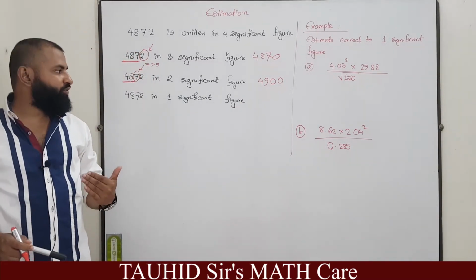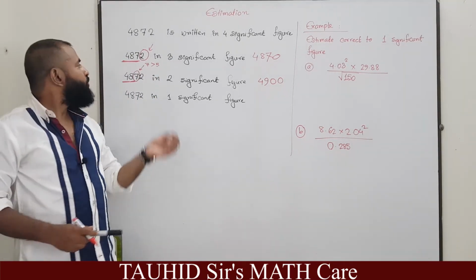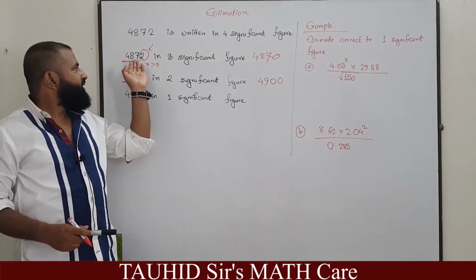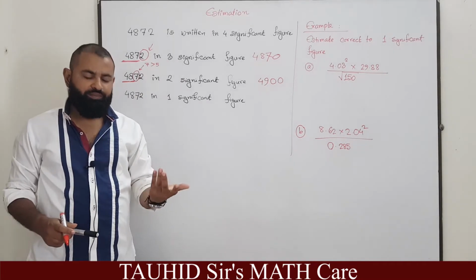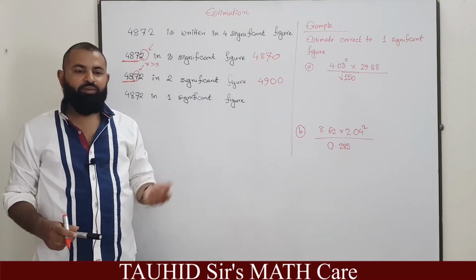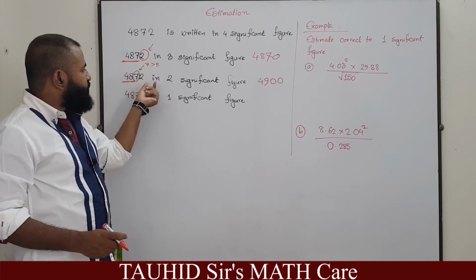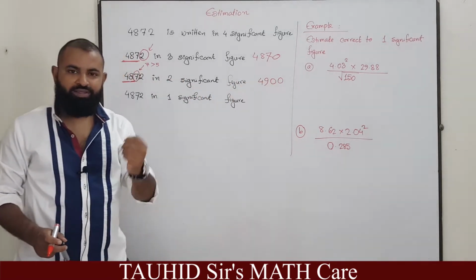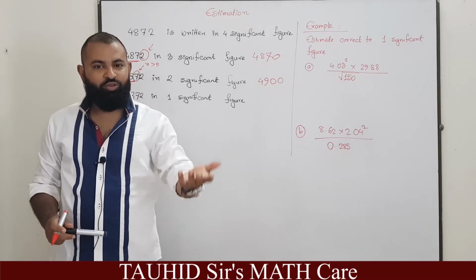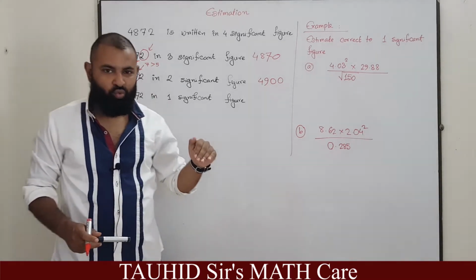What is the concept of significant figures? It is like this. You went to a shop, you bought some items, and the price had become 4872 taka. Then the shopkeeper may say, give me 4870 taka. He may not take the 2 taka. Same case, 4872 in 2 significant figures is 4900. For example, you bought a shoe with 4872 taka inclusive of VAT.